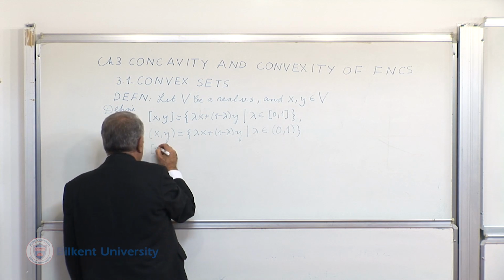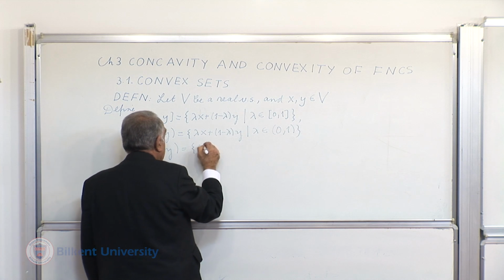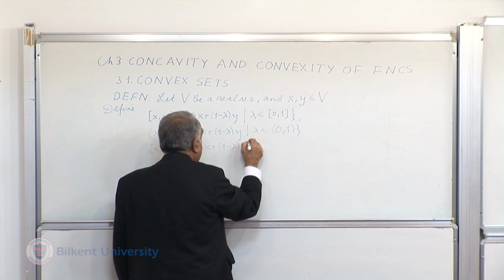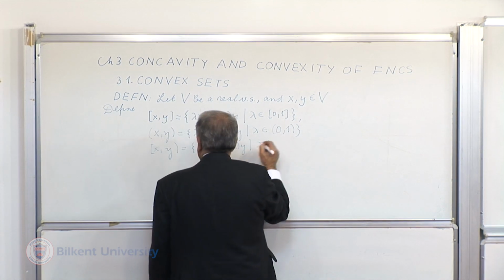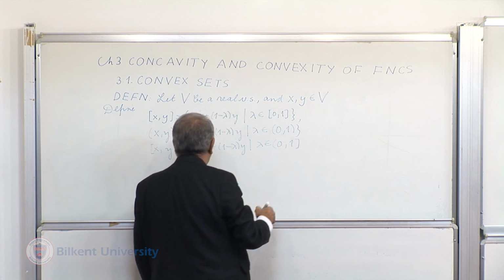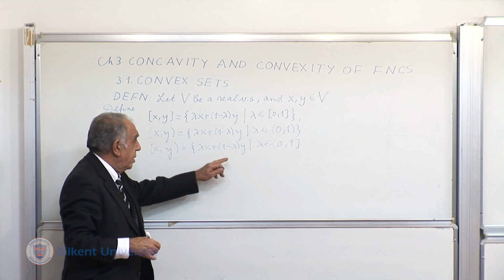Then x included, y excluded: this will be lambda x plus 1 minus lambda y, such that lambda is in (0, 1], because lambda equal to 1 corresponds to x here. That should be included.